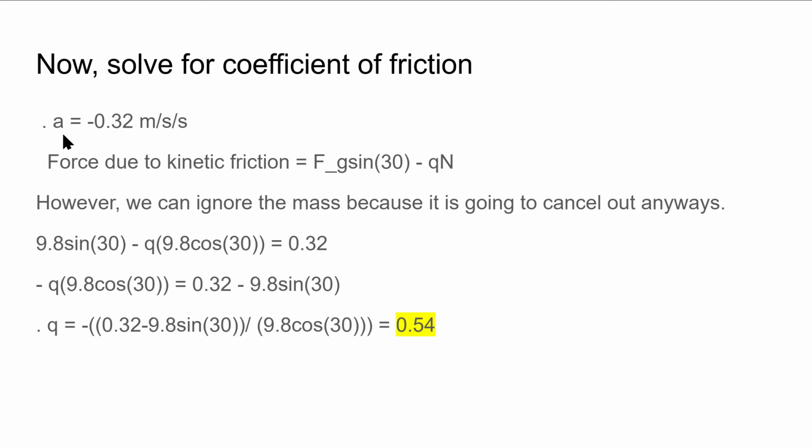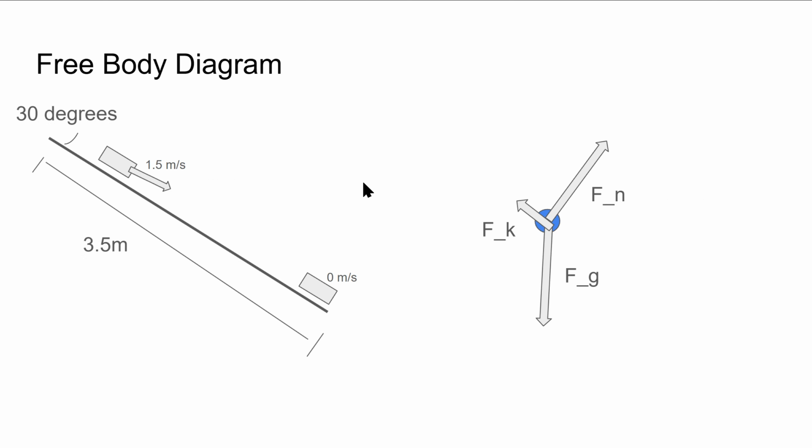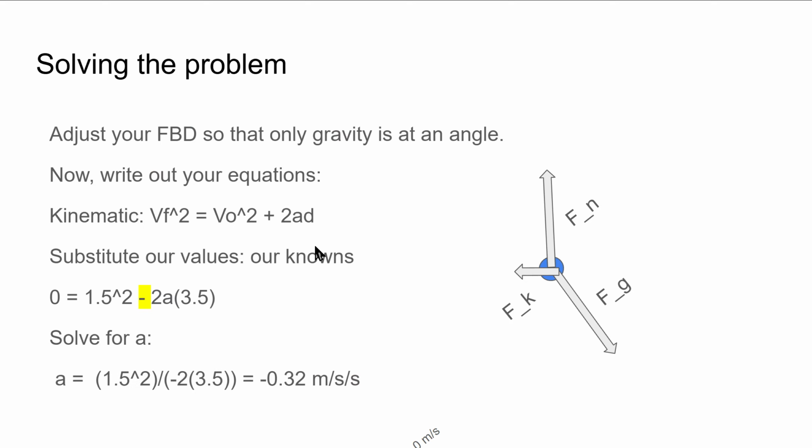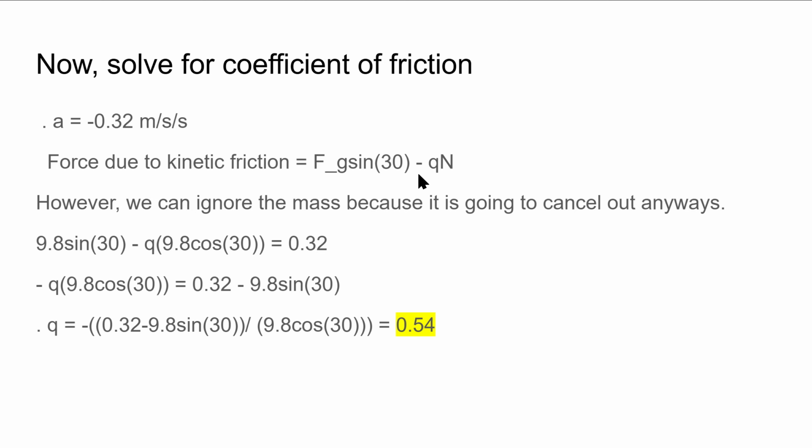So next up, now we solve for our coefficient of friction. So we know from earlier that our acceleration is negative 0.32 meters per second squared. But our net force is equal to our force of gravity that is parallel to our staircase, otherwise known as, in this case, the gravity going in the same direction as this arrow here, just going down this way, minus our force of friction, which is here. μ stands for the coefficient of kinetic friction, and N standing for the normal force.